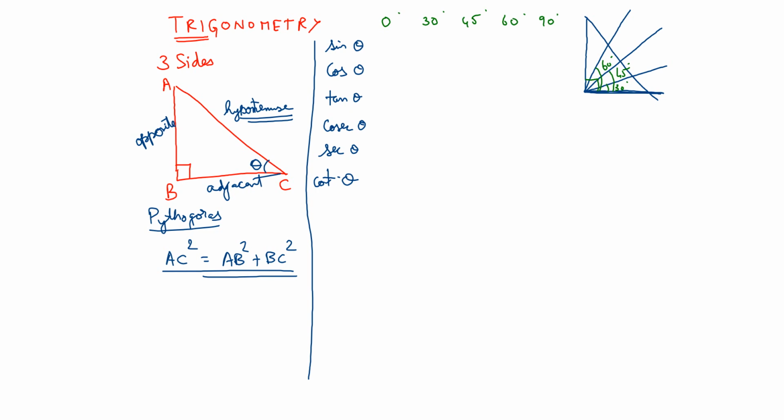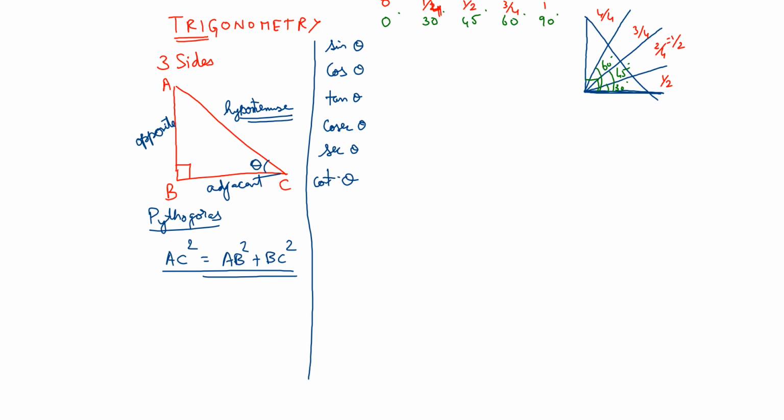So the first one is 0, the second one is 1 by 4, 2 by 4 can be written as 1 by 2, the third one is 3 by 4, and finally 4 by 4, which can be written as 1.